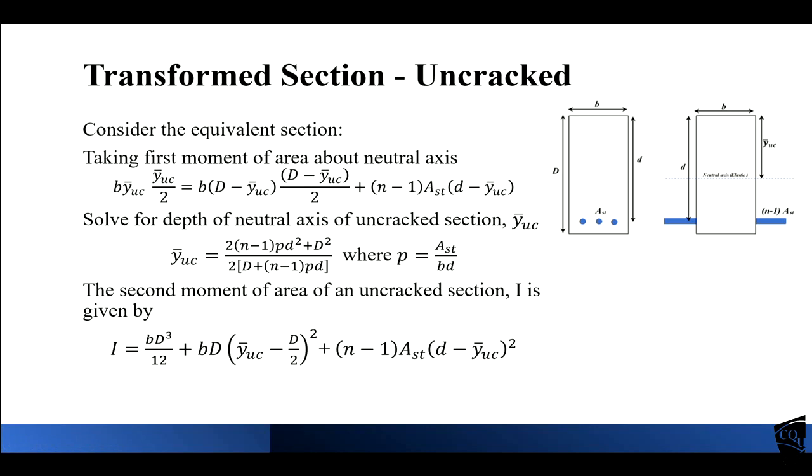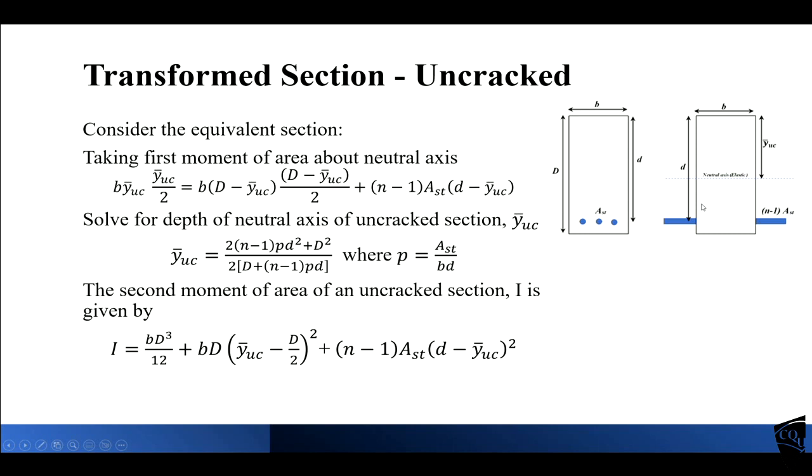So I put the centroid distance as a y bar. That means above this one and below we should have the same moment.